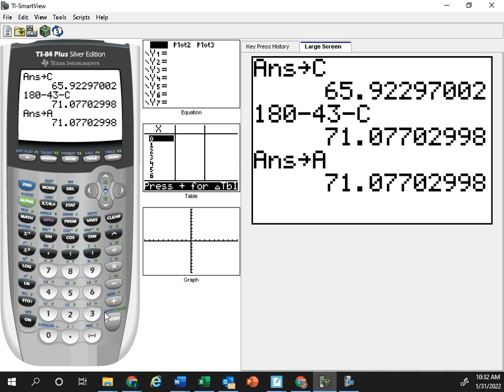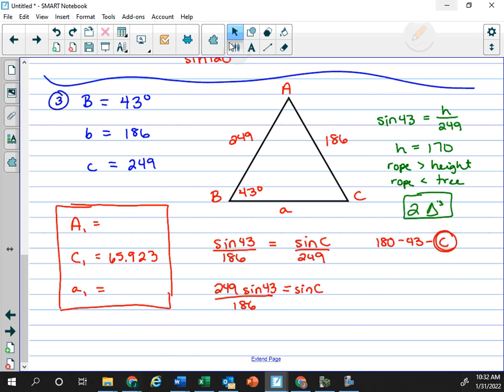And stop me if I go too fast through any of those, okay? All right, so that one was 71.077. One more thing to find in our first triangle. So we're going back to law of sines now.